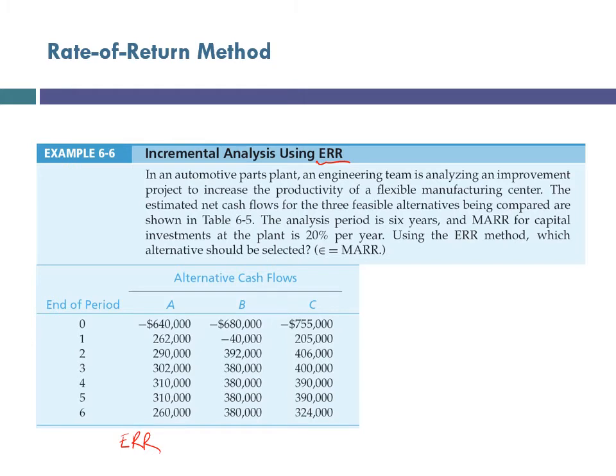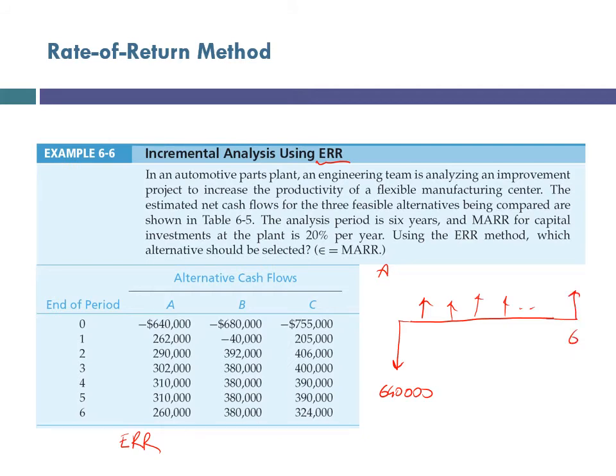And remember, how do we calculate the external rate of return? So if this is project alternative A, for A, the cash flow is something like this. This is the initial capital investment. At each year we have different amounts of revenues for 6 years.